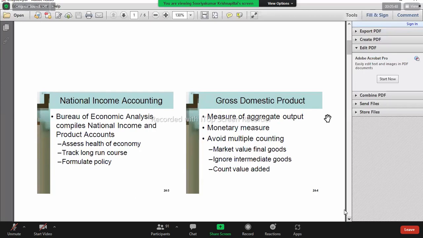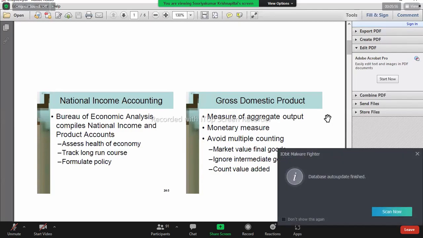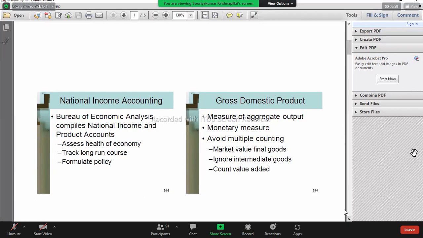So we should value the bread, not the wheat flour or the bakery, the other intermediate products. If we value all the goods, then we overestimate. The GDP definition says the value of final goods and services.